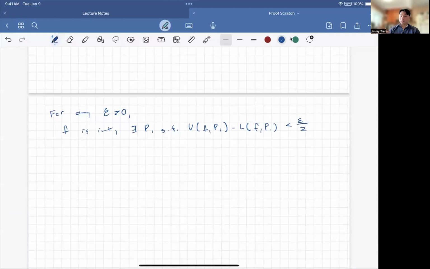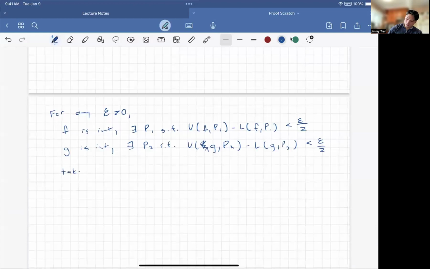And this argument can also be said for g, because we know it's integrable over the closed interval ab. So if g is integrable, there exists some partition P2 such that the difference between the upper Darboux sum of g over P2 and the lower Darboux sum of g over P2 is less than epsilon over 2 here. And now that we have these two inequalities, we can take the union.